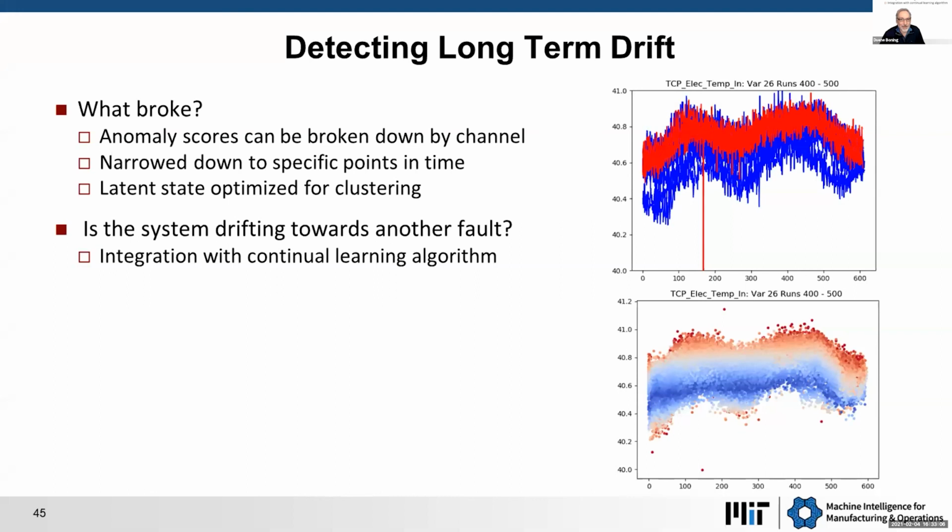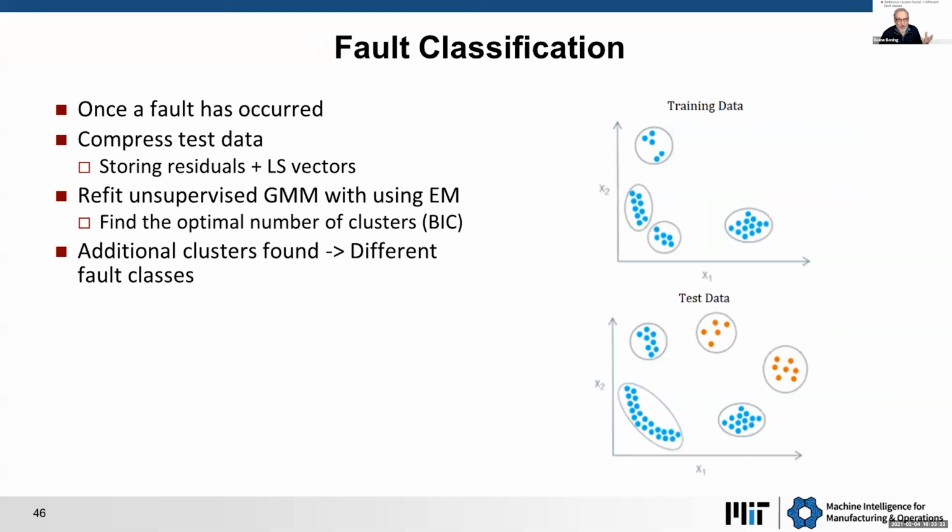The red is an example at week 1, and the blue is the drift of that whole trend out in week 10, so you can start to see the normal operation again does drift, and one can start to detect that and potentially look in the multivariate clustering space.